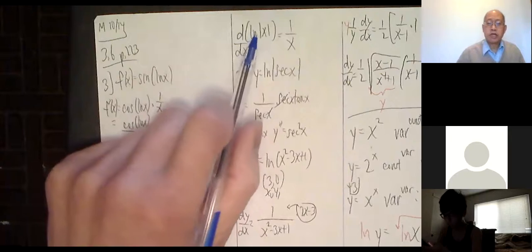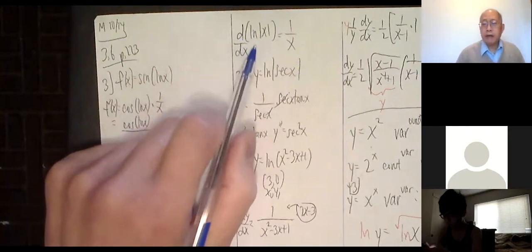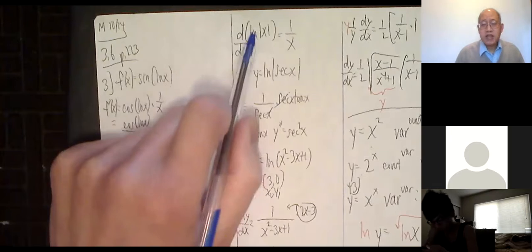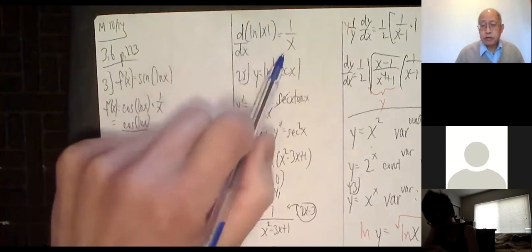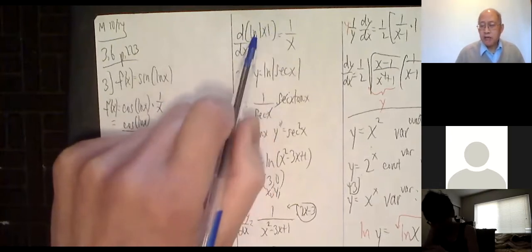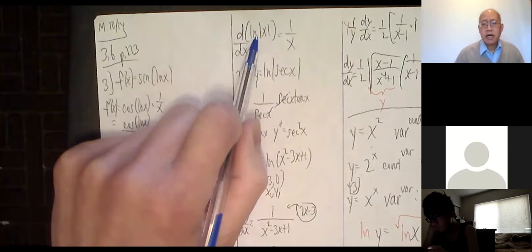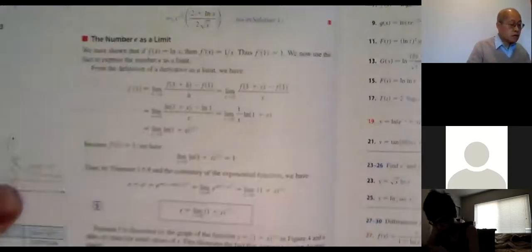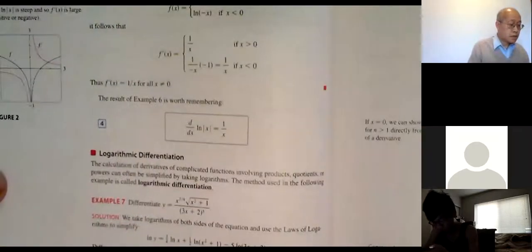If you want to put that in your cheat sheet, you may. Most of the homework problems right now, you're going to differentiate just ln x. Okay, but if they sneak in an absolute value, you still do the same thing. Okay, and once again, we're not going to see that absolute value too much until chapter 5, where it'll come back. Okay, and let me show you in the text.